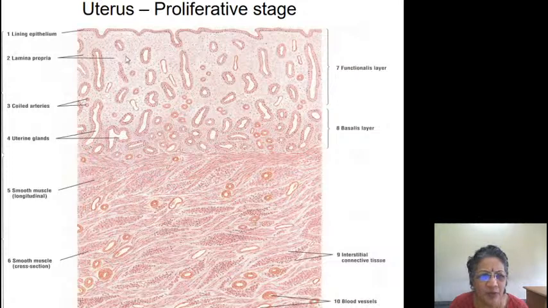There's a lot more lamina propria in between, and you still see lots of blood vessels. Both gland and blood vessel will become more dominant and more typical. Their look will change once you get into the next phase.